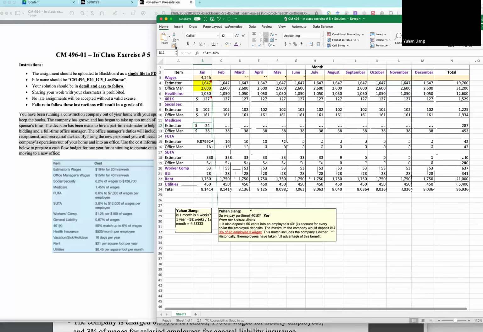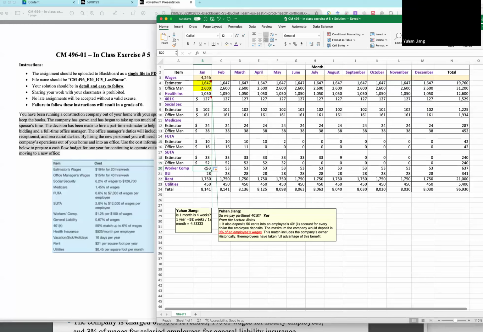And I can copy this one, paste the format here, and drag this one down. And the SUTA is 2 percent, so that will be the wage times 2 percent, up to $12,000. So I get this one. And again, I copy this one and drag this one down and I get this number down.